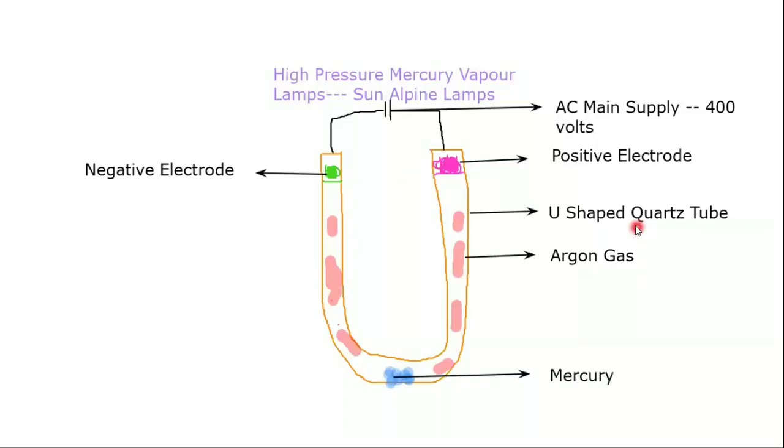And why is it made up of quartz? It is made up of quartz as the material allows the passage of ultraviolet rays and can withstand high pressure. So for what reasons are we using quartz? On the left, I will write why we are using quartz.